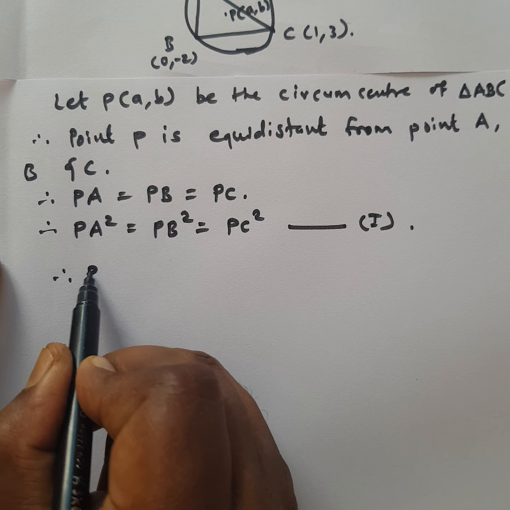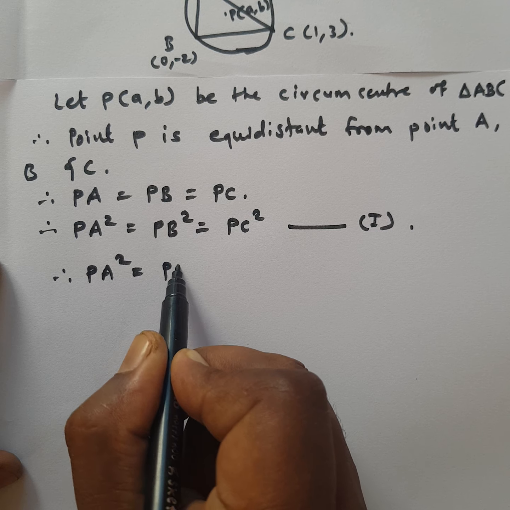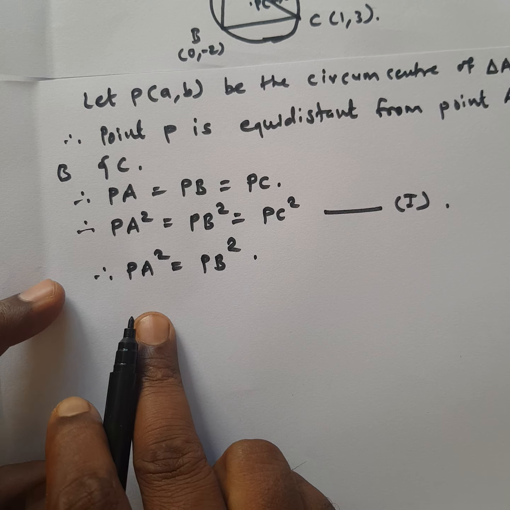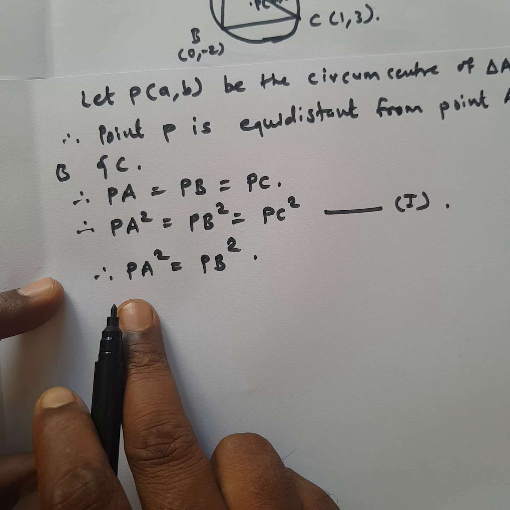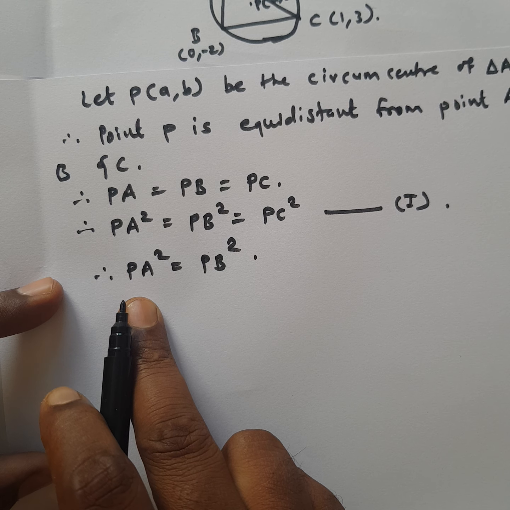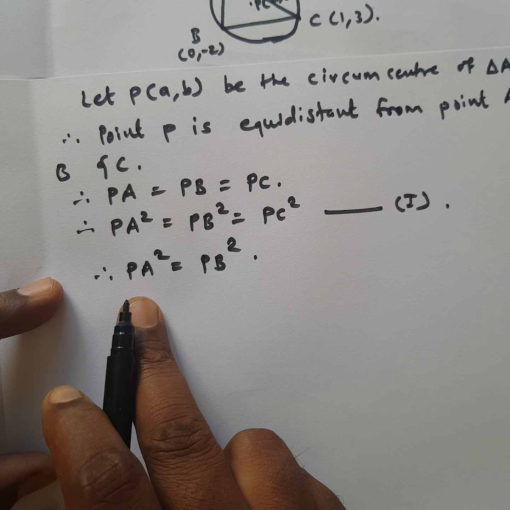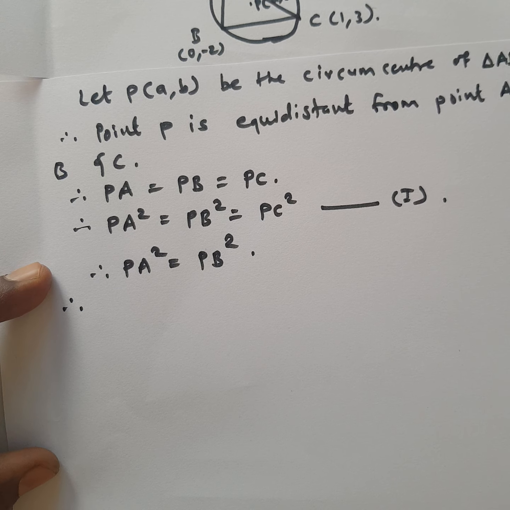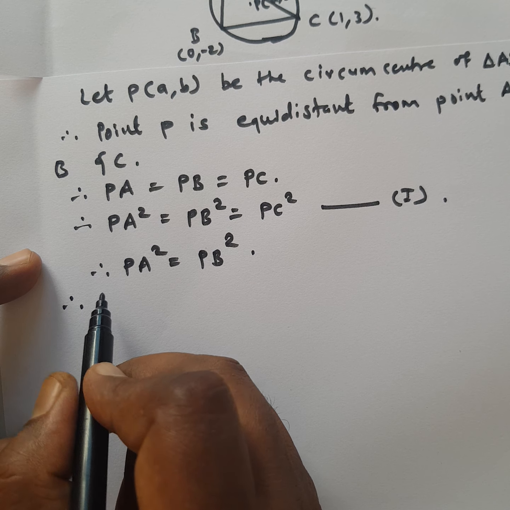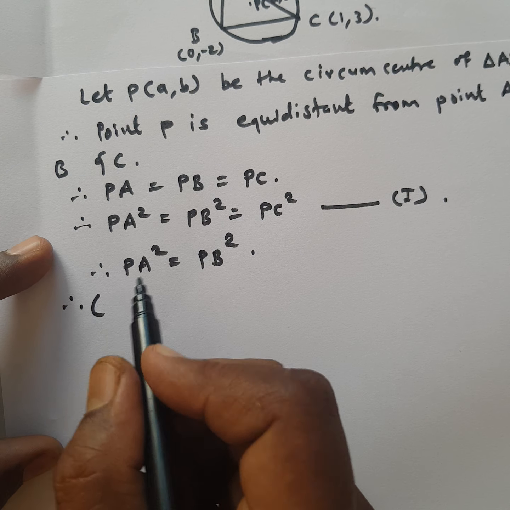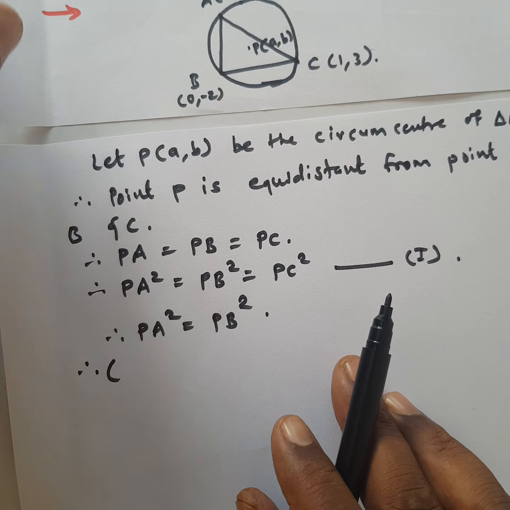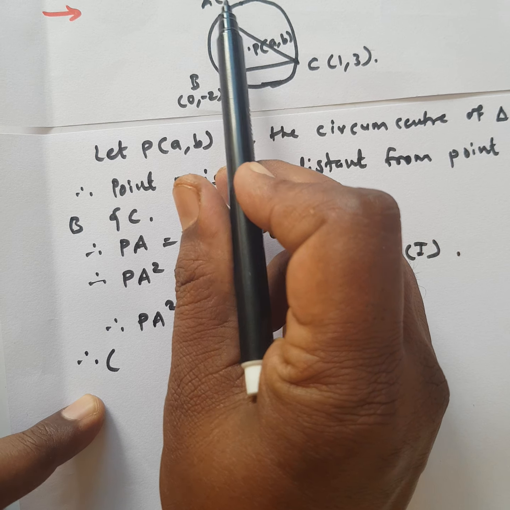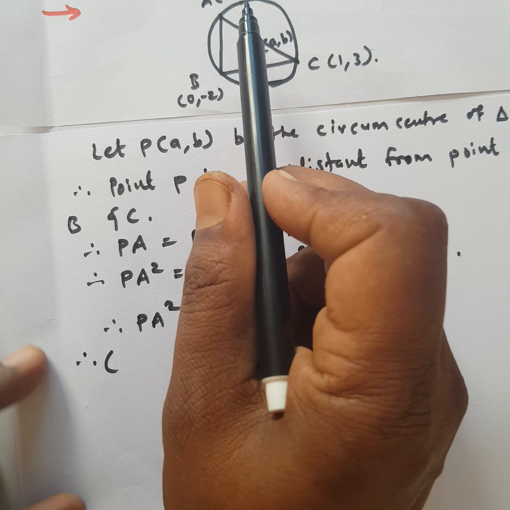Therefore, if we consider PA square is equal to PB square, then the value of PA is the square root of (x2 minus x1) squared plus (y2 minus y1) squared. It is the distance formula. But we have already taken the square, therefore the square root will be cancelled. Here the coordinates of A are: x coordinate is minus 3 and y coordinate is 1, and P is (a, b).